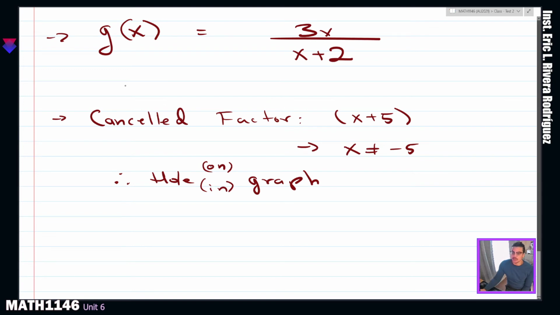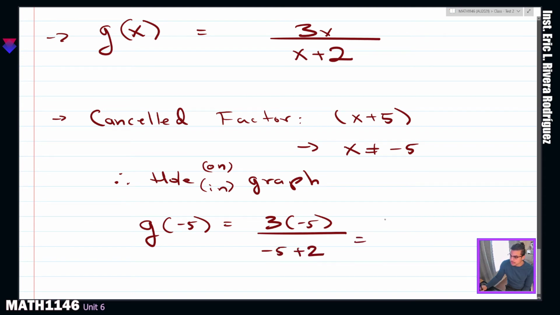That means that we have a hole on the graph. See what happened when we use -5 in the simplified version: because -5 is no longer a restriction on the simplified version, we can get a y value. Because we can get a y value, we will be able to find a coordinate, -5, comma, that y value.